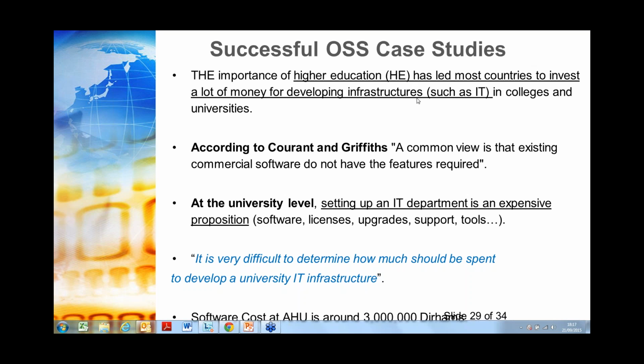So we tried to study, and we involved a complete open source platform including the software, the license, the upgrades, the support, and the tools, and we cut down the expenses by a significant amount. We just needed the technical support, which is around 30,000 dirhams. Next slide.